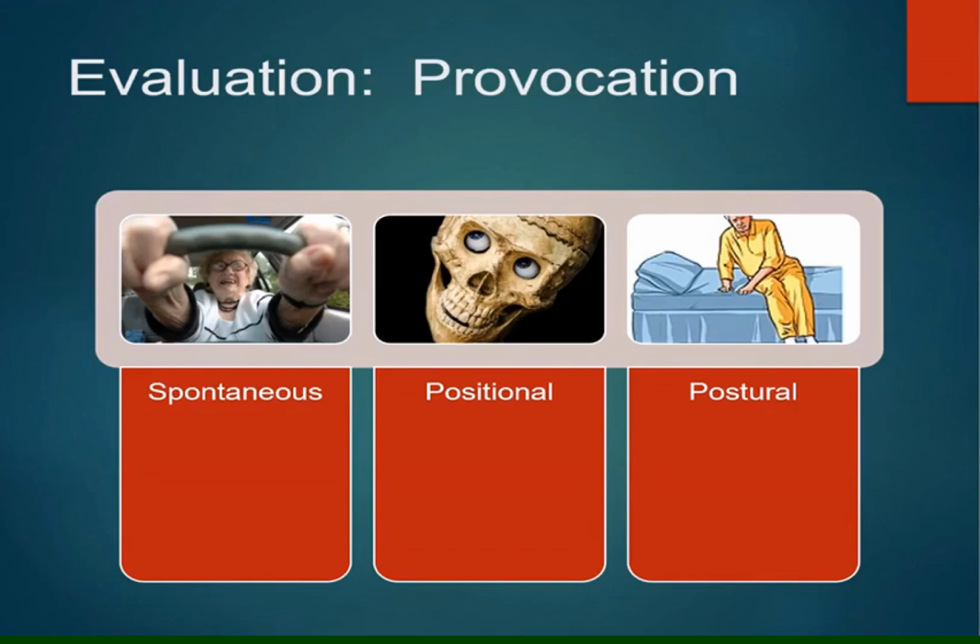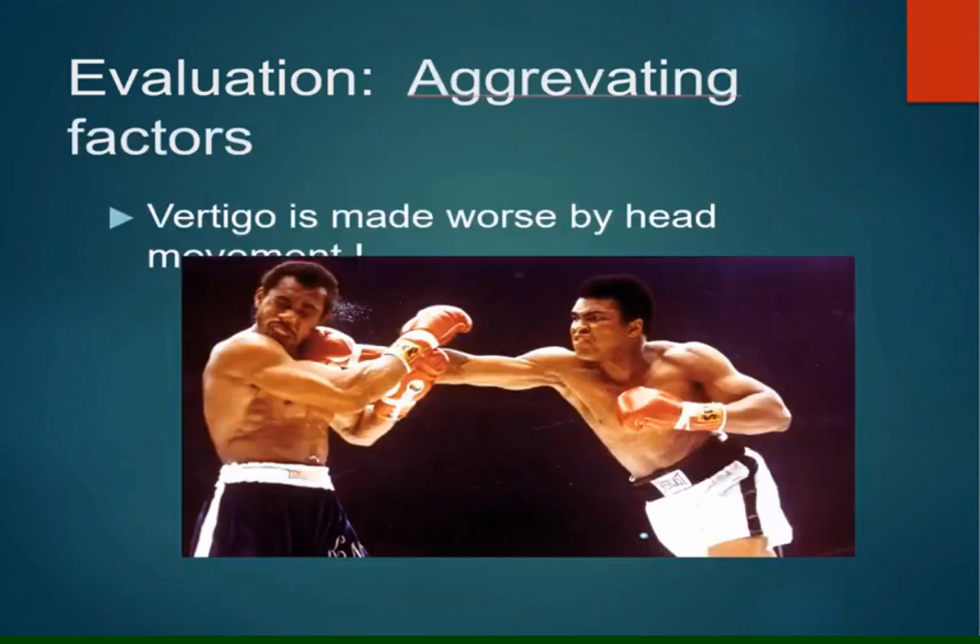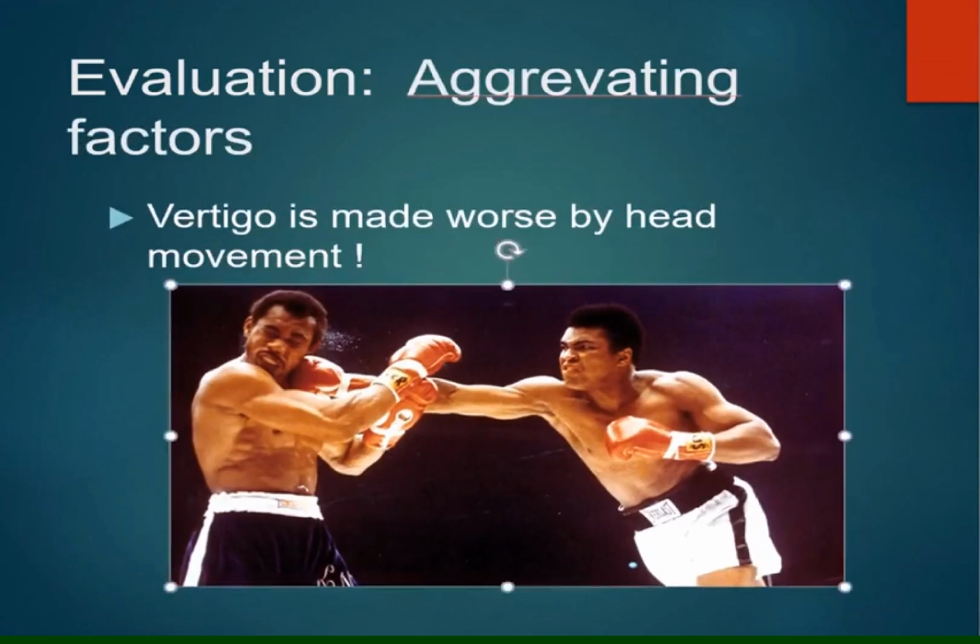So that would be a postural associated condition. So here we have the third element that we want to ask about, whether there are aggravating factors, understanding that if head movement causes the vertigo to be worse, then it's more likely to be a vestibular oriented condition.